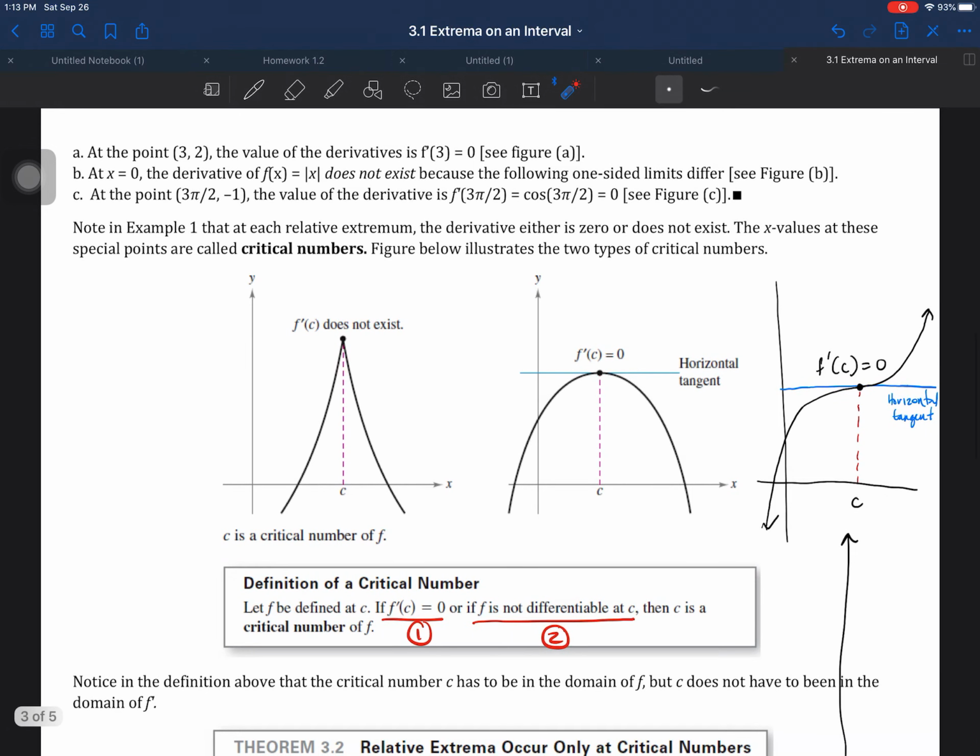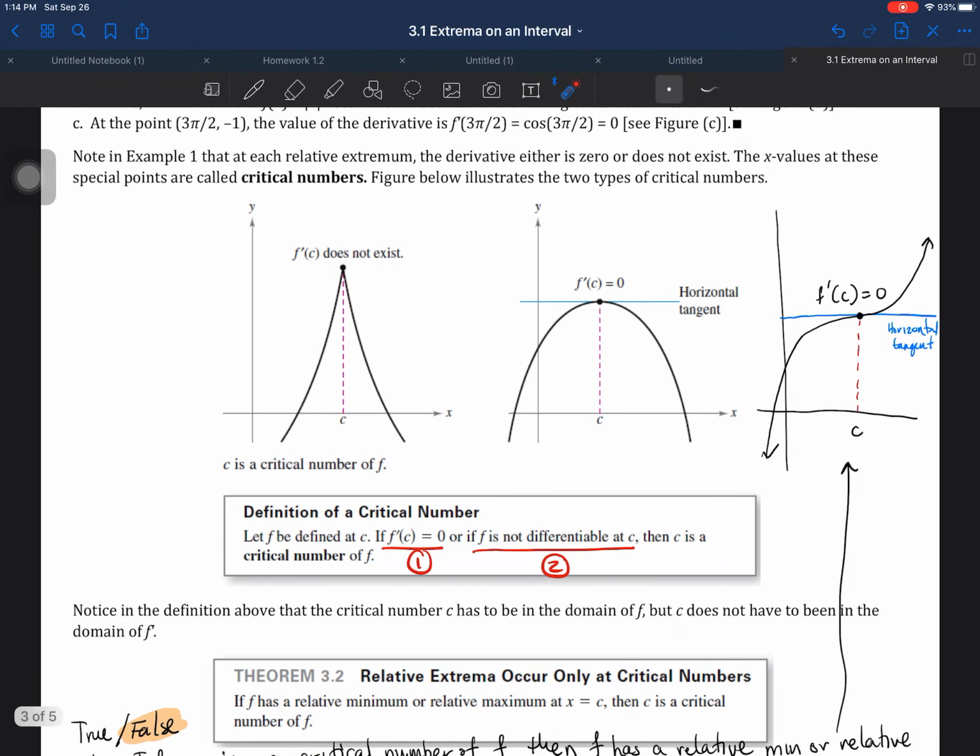So let's see this picture here. Here the derivative is undefined, does not exist, so there is a critical number at C. Here's another critical number at C because the derivative at C is 0. Here's another critical number because the derivative at this point is 0 as well.